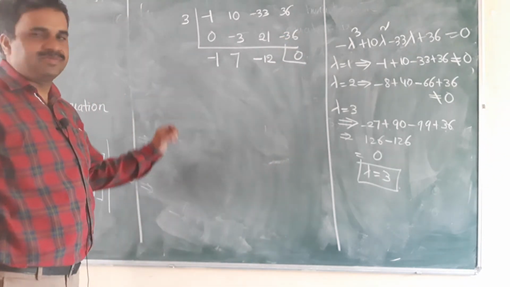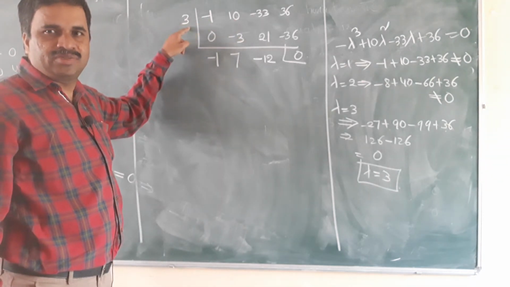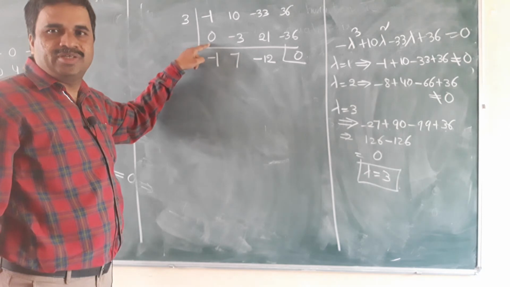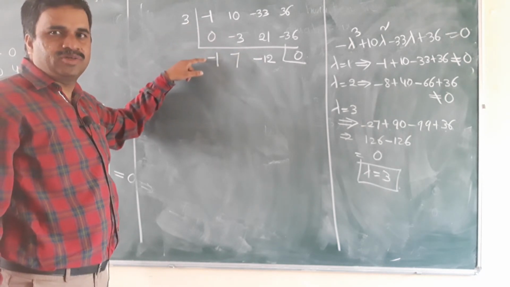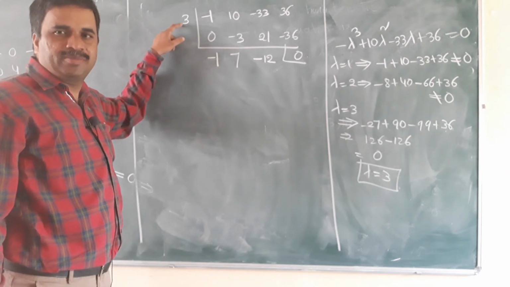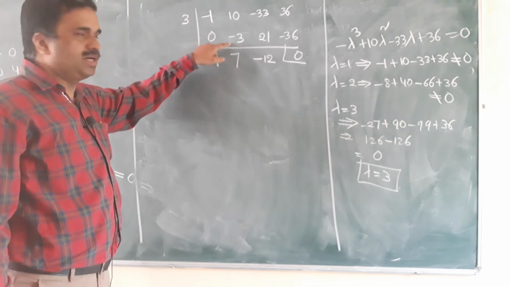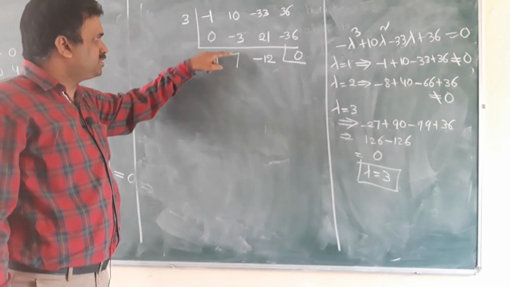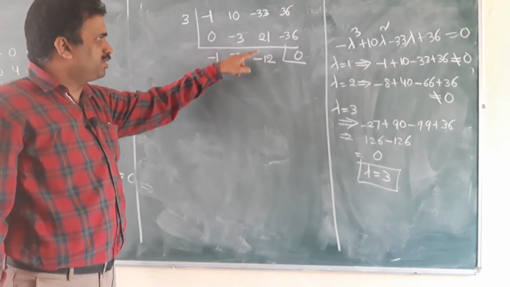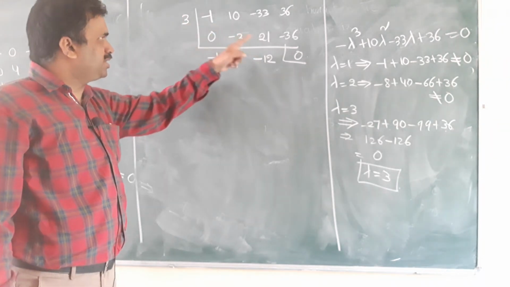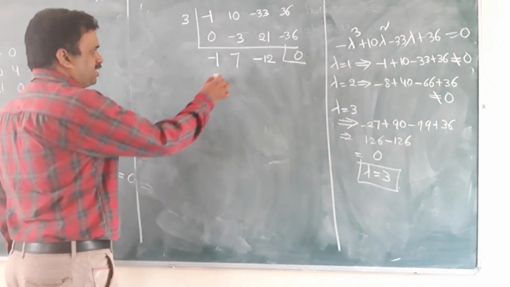Always you have to write 0 here and add vertically, and for the remainder you got, you have to multiply by 3.